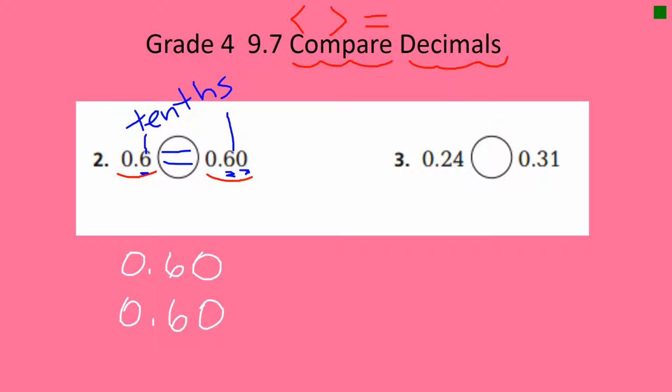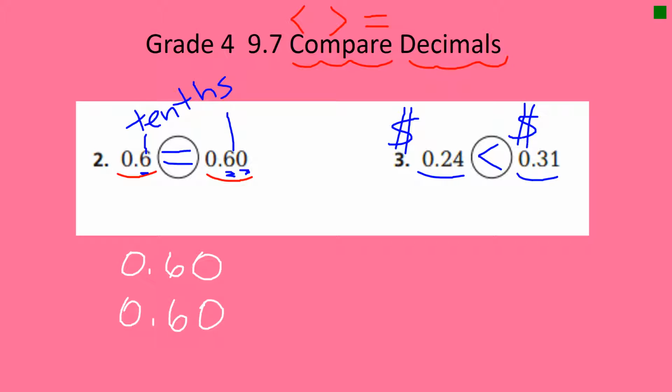24 hundredths compared to 31 hundredths. Now, whenever I see decimals like this, I think of them like money. Okay? Then you can read them 24 cents and 31 cents. Well, 24 cents is less than 31 cents, isn't it?